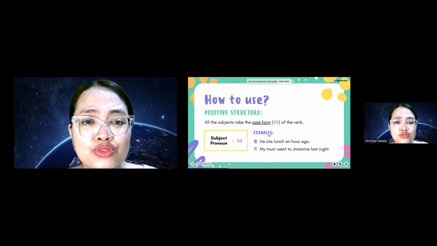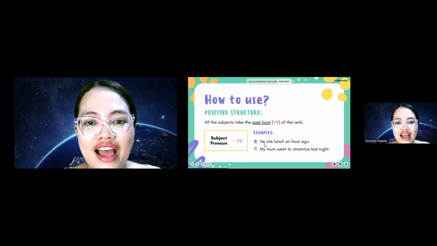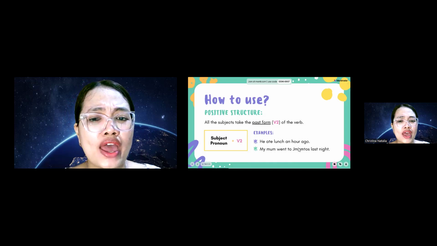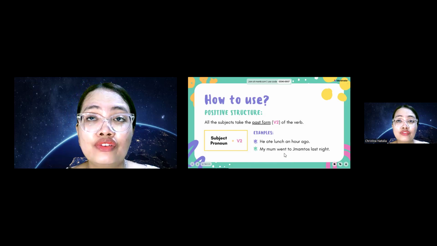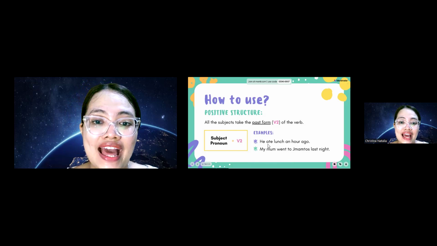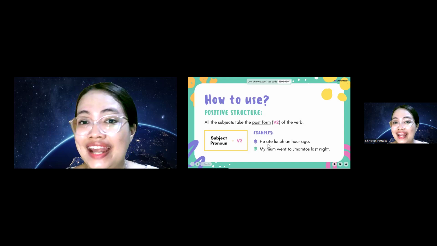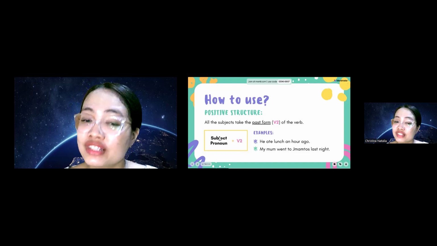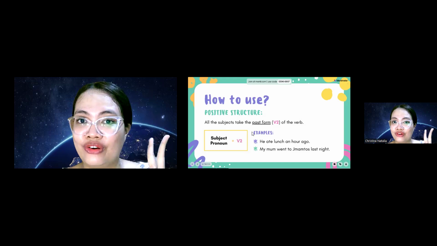For example, he ate lunch an hour ago, or my mom went to the Jantos last night. Went is the verb two from go, pergi. Ate is the verb two from eat, atau makan. Jadi di sini in positive structure, the formula uses verb two, okay?